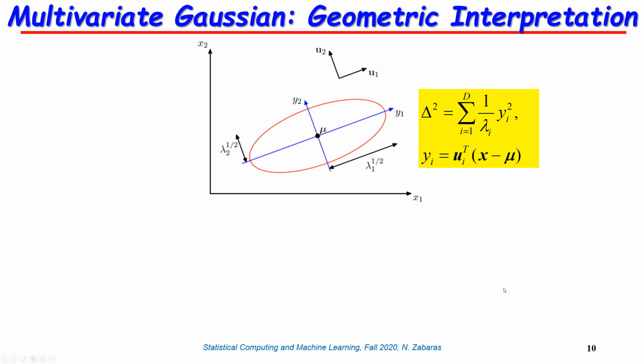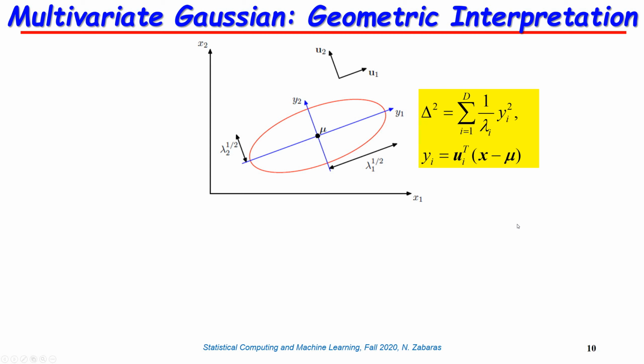All right, so this is the geometric picture that I mentioned before. We shift x by mu, and then we project x minus mu onto the axes in the directions of u1 and u2, and I'm plotting this, of course, here in 2 dimensions. And then these equal probability contours take this simple equation, and those familiar with geometry can recognize directly that this is an ellipse, where the semi-axes of the ellipse are the square root of lambda 1 and the square root of lambda 2.